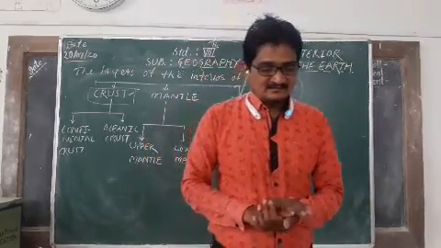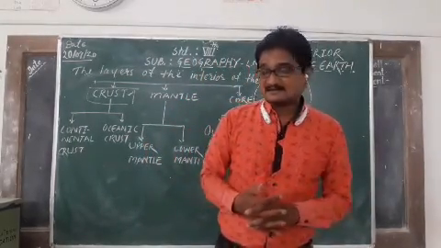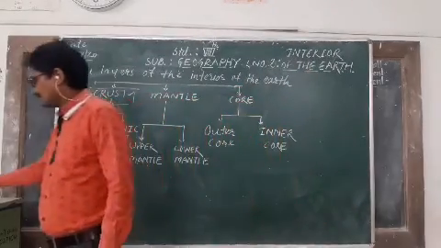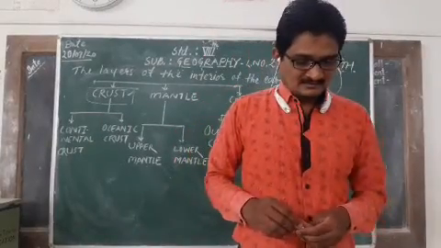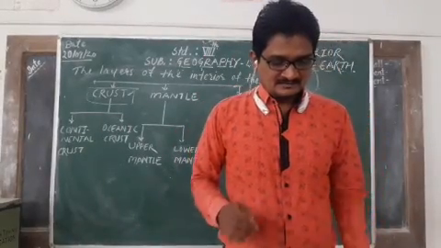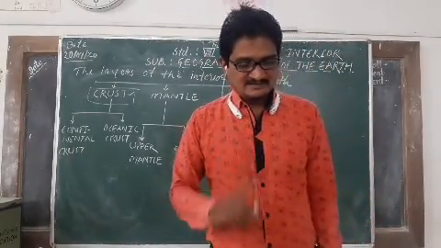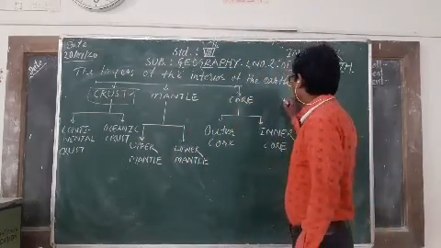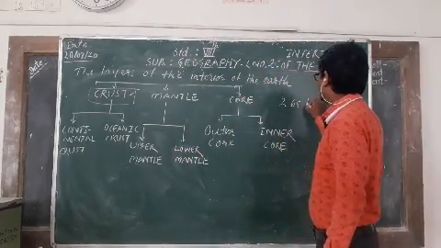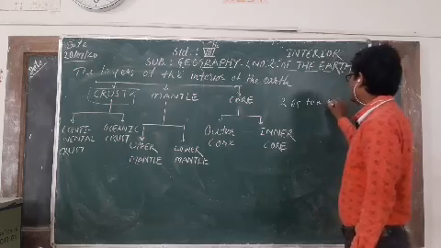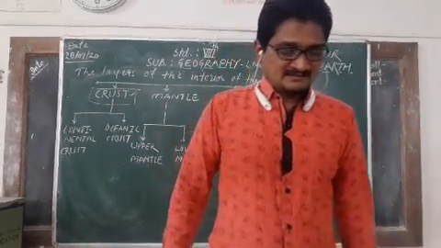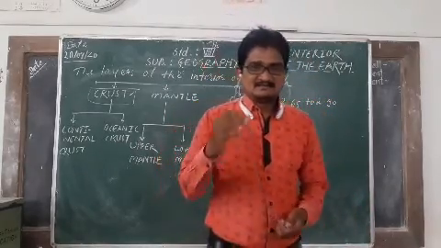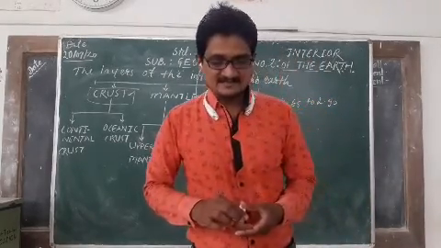See the density of continental crust. How is it? The density 2.65 to 2.90 gram per cm3, cm3 is cubic centimeter.